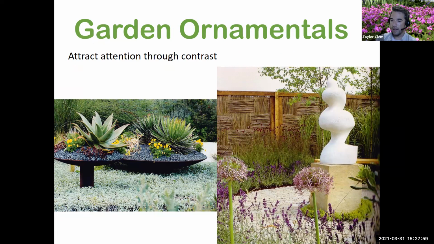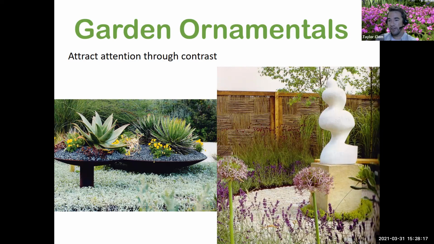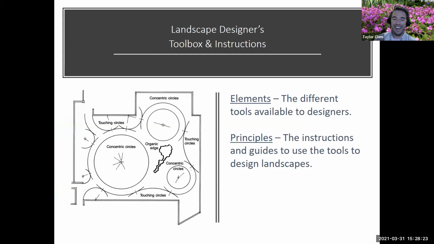On the image on the right, that statue becomes more of a coarse texture when you compare it to all the fine texture plants around it. And also that fence, isn't it awesome? That woven reed fence. We can't do that in Florida because it'll fall apart within a year. But it's cool nonetheless.